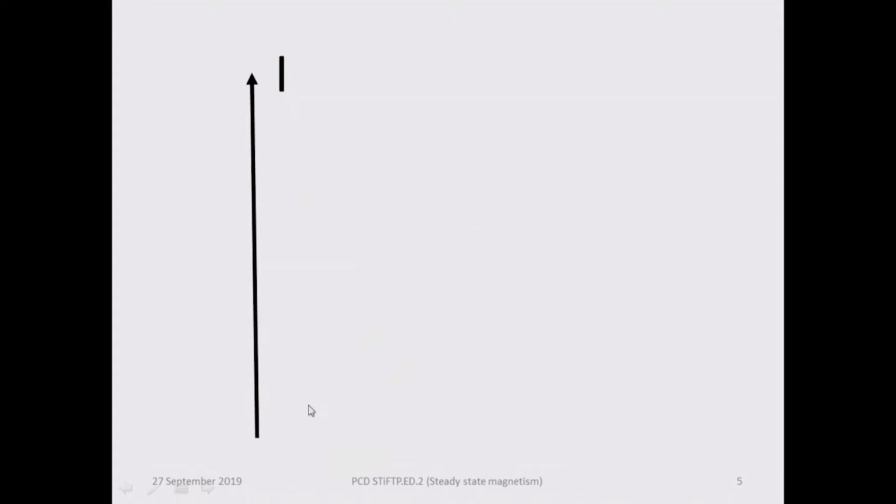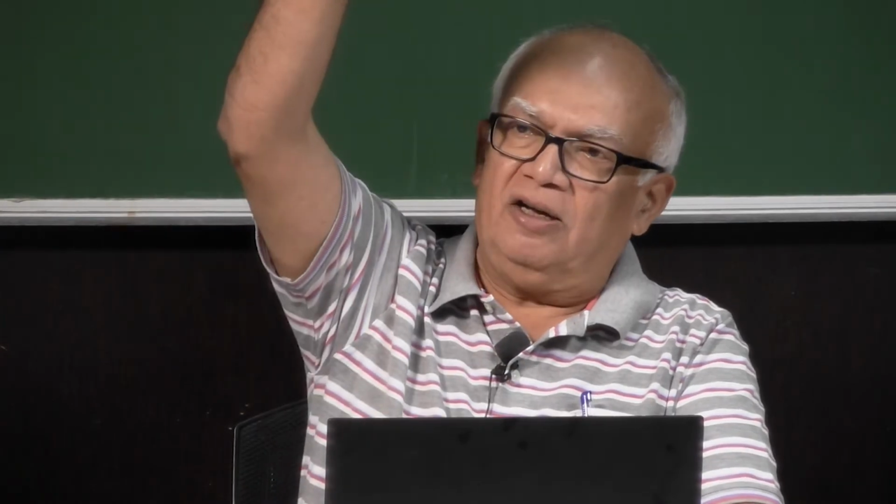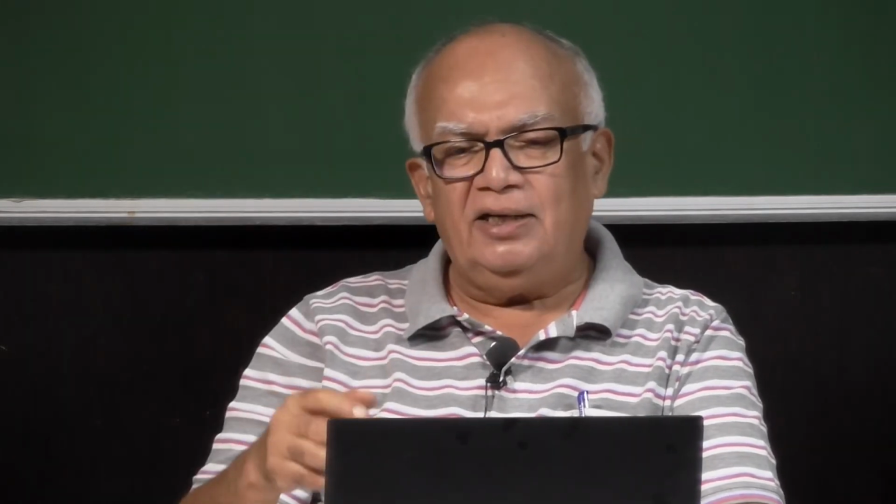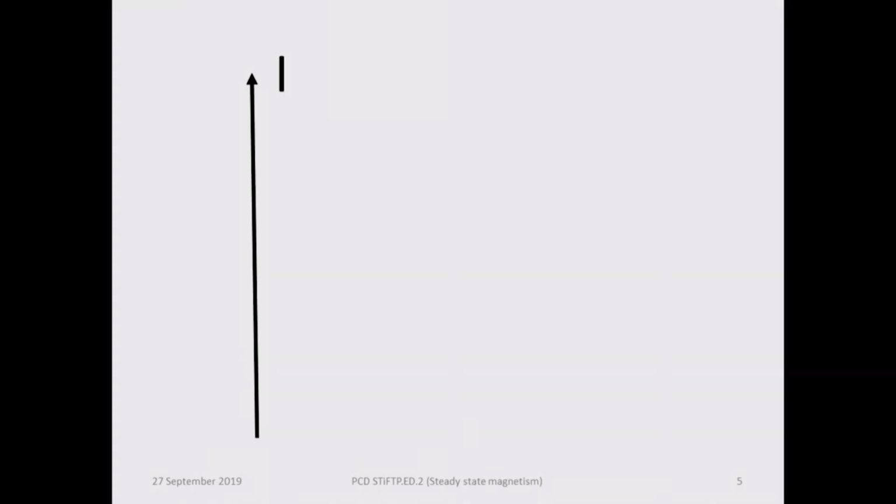So, now let us consider that there is a current going in a straight wire, all right, and the current is I, and let us imagine that this straight wire is really very long, and it was known from experiments that it generates a magnetic field around it. How do you know that?